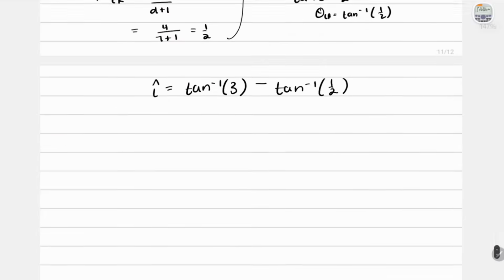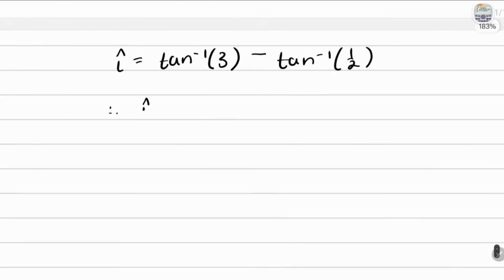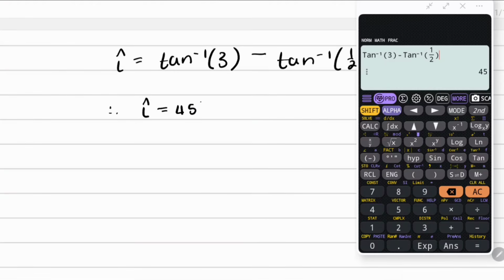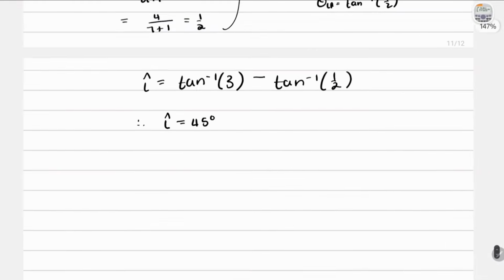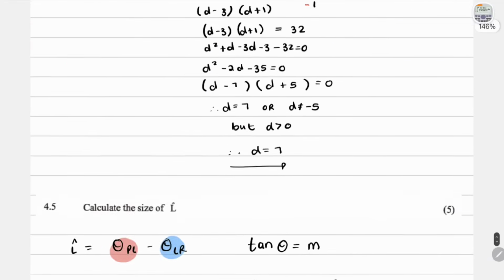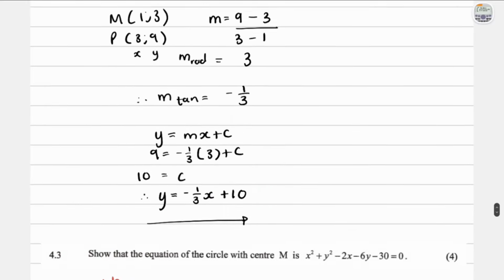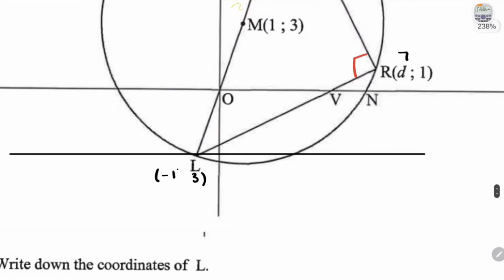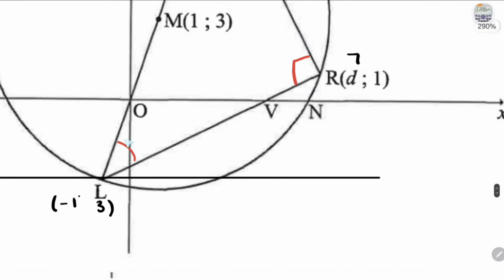That way there's no rounding off or anything like that. So angle L is finally equal to, and we can just find the answer, and as you can see that gives us 45 degrees. So we know angle L. That is perfect. We're going to fill that in as well. So that is done with that question. Angle L is equal to 45 degrees.